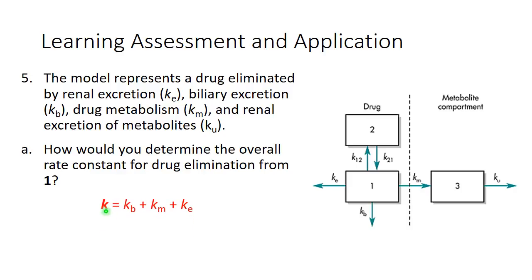So the total elimination constant, or KEL, believe it or not, is just adding the biliary one, the metabolism constant, and the Ke, which in this case means renal excretion. If you add all these, remember, these are fractions. What fraction of the existing drug in compartment 1 is eliminated per unit time?